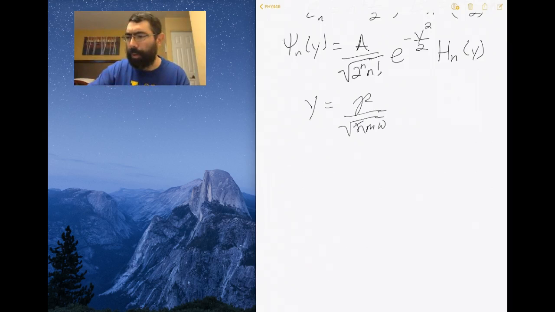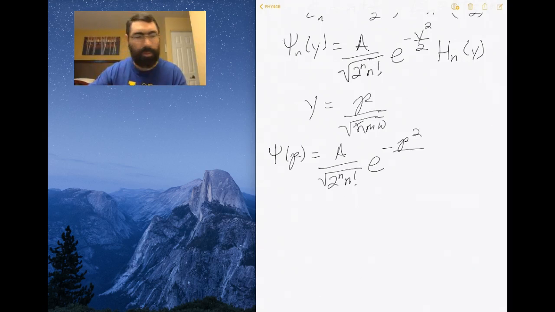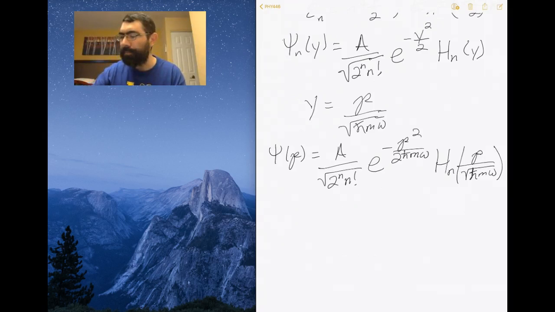So when we do that, we get a wave function as a function of momentum, which is a normalization constant A divided by the square root of 2 to the power n factorial, e to the minus p squared over 2 h bar m omega, times the Hermite polynomial of p over the square root of h bar m omega.